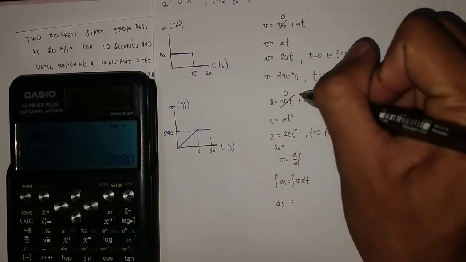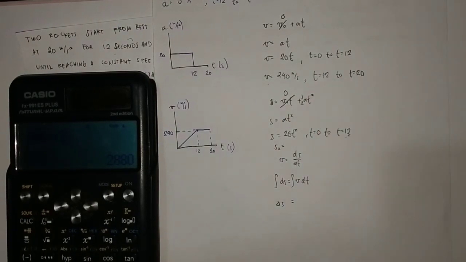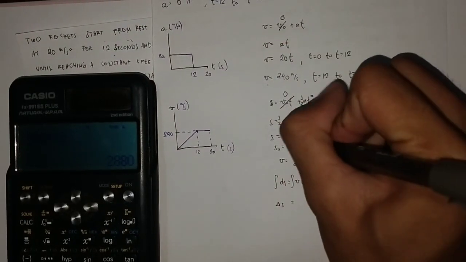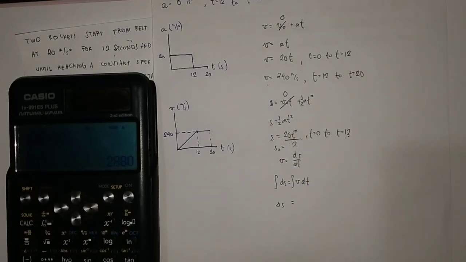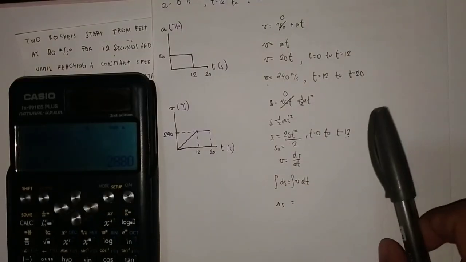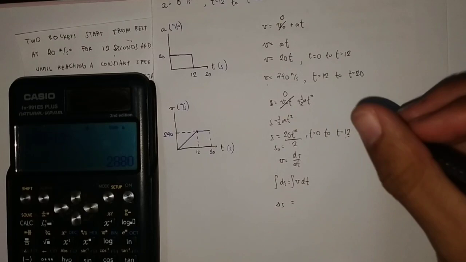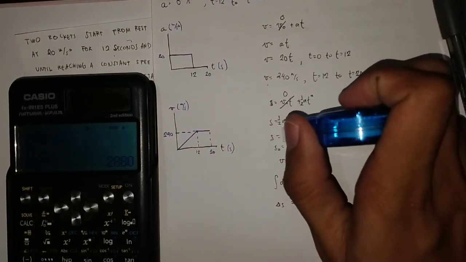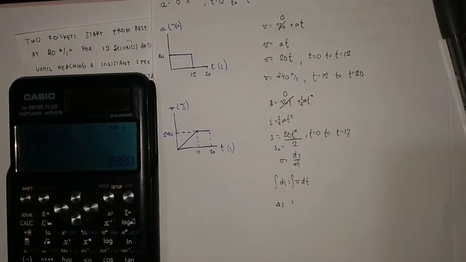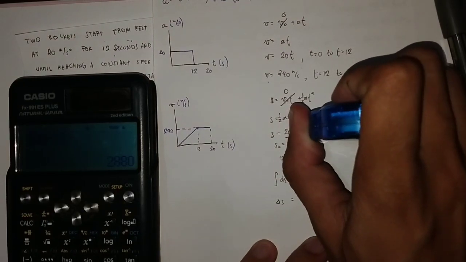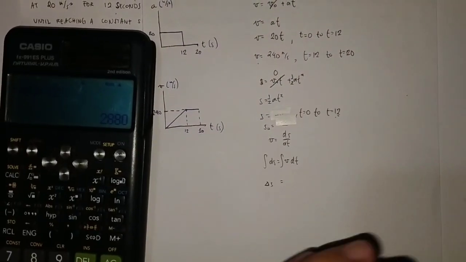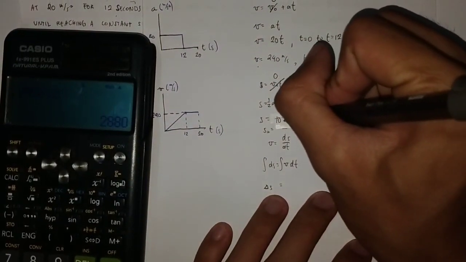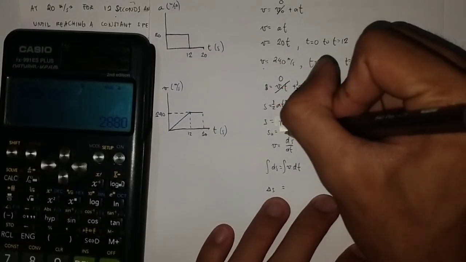So I forgot there is a 1/2 in our formula. I'm so sorry. This is divided by 2. Therefore, our governing equation here should be 10t squared.